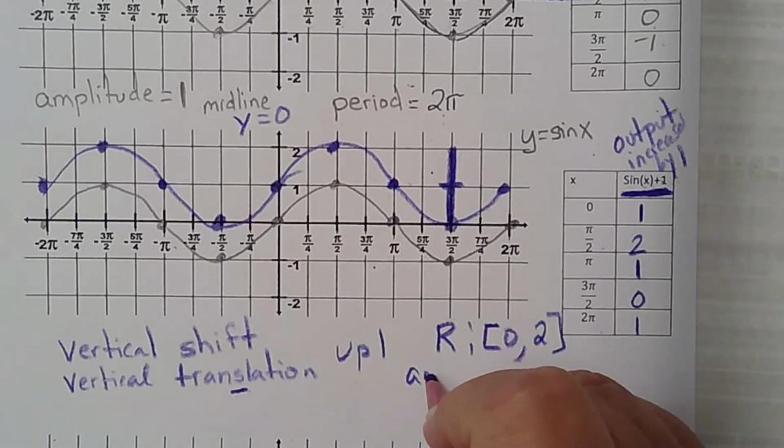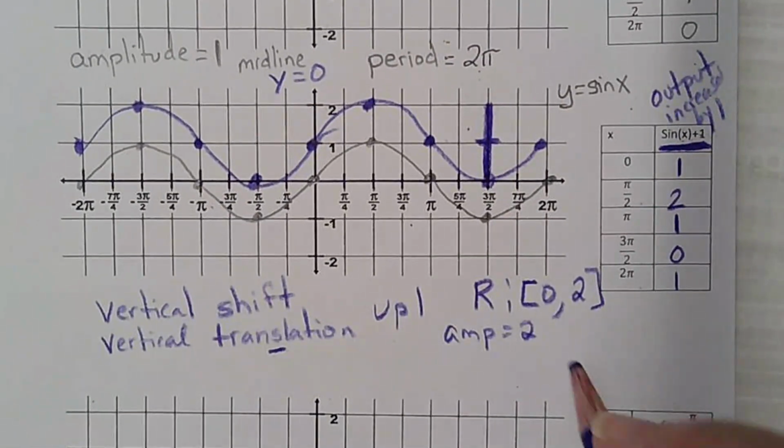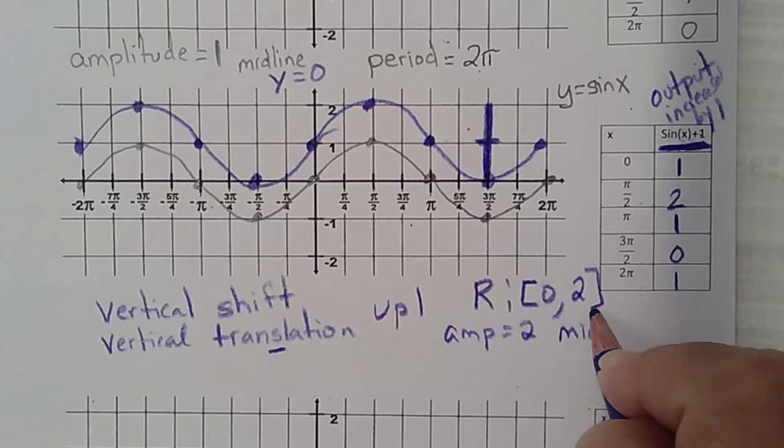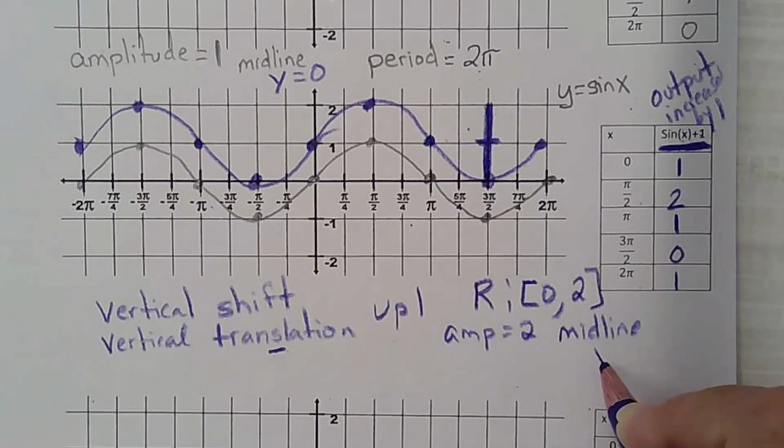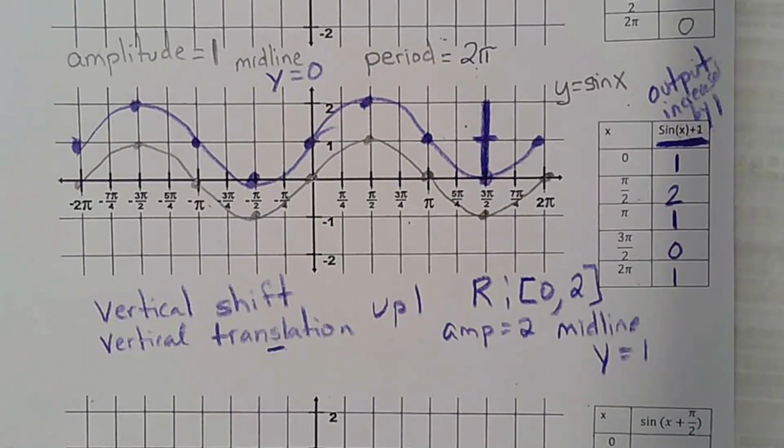Amplitude stayed the same. But what about the midline? The midline is going to shift up with the graph. So the midline is now going to be y equals 1. Get another color and draw in my midline here.